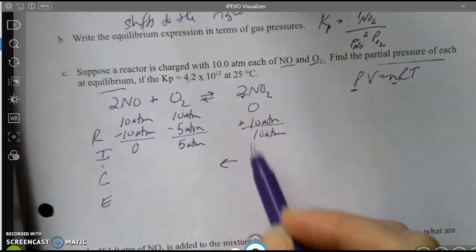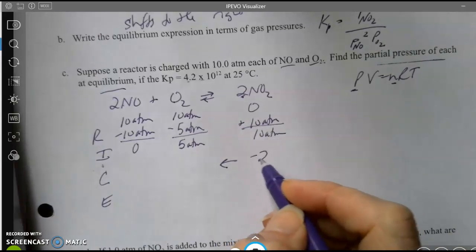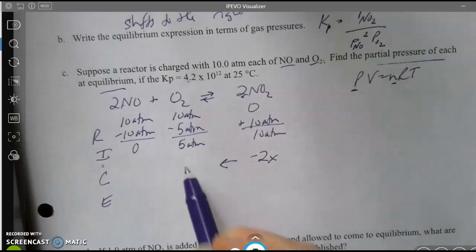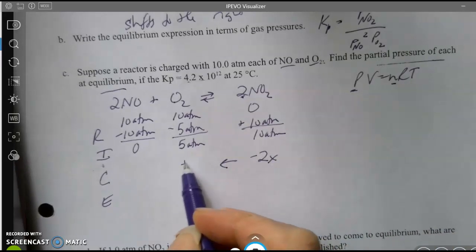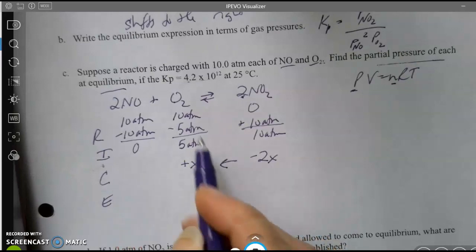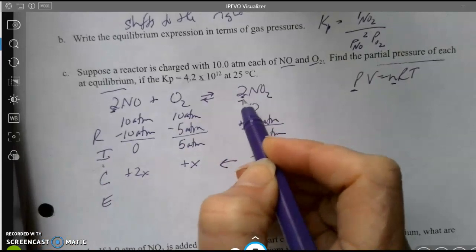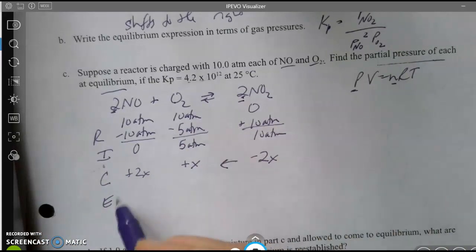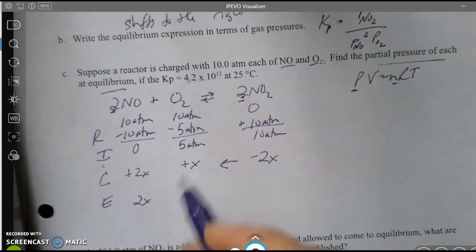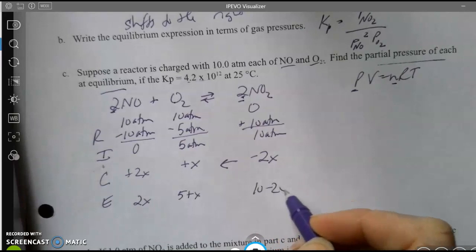So the change is going to be to lose some of this, and we're not going to know how much, but we're going to do 2x. Again, it's going to decrease, so that means these are going to increase, by x and this by 2x. Remember, equilibrium deals with coefficients of the balanced equation. So this is going to be 2x, this is going to be 5 plus x, and this is going to be 10 minus 2x.